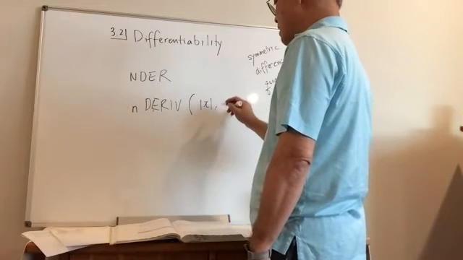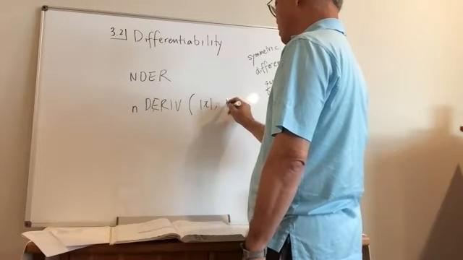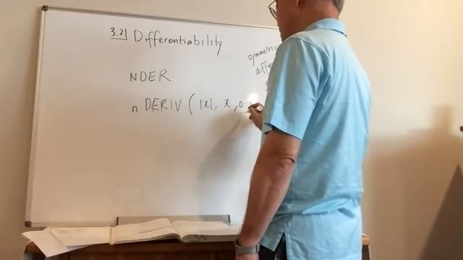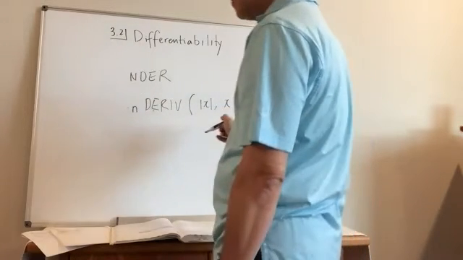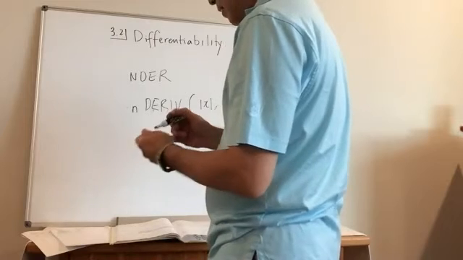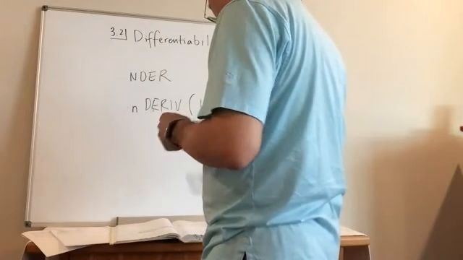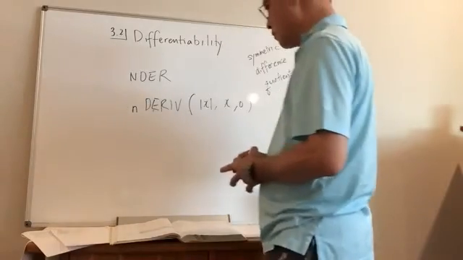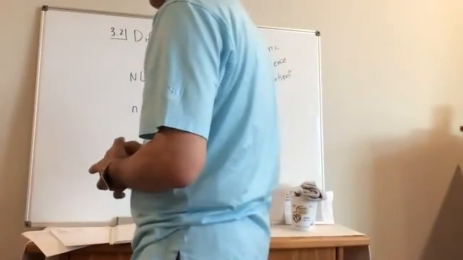And it asks what is the variable. And it asks the point, I believe. Are those the 3 things that they ask on nDeriv? How do you get to nDeriv?